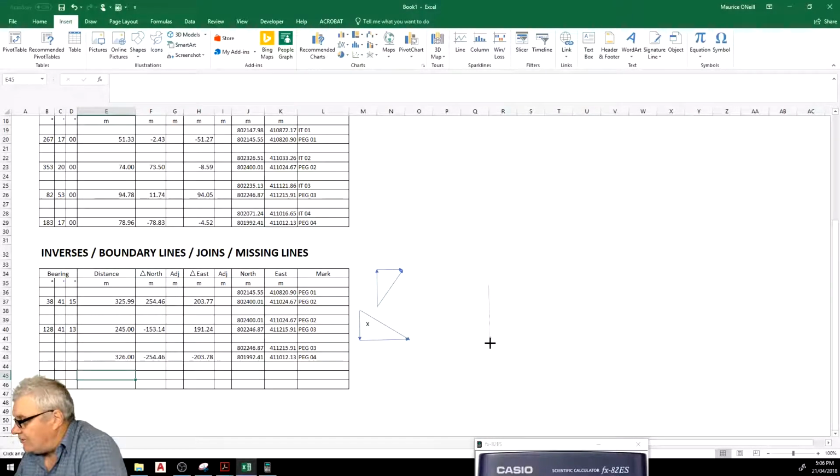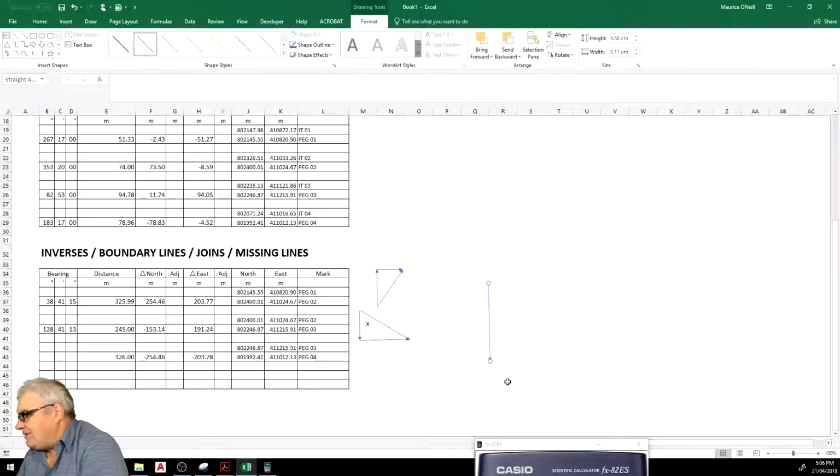So negative north, which would take us like that. And then we're going negative west, but not as much, so just a little bit less. I'll just go like that.